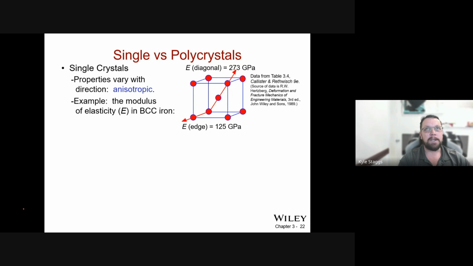But along the edge, going in a different direction, this would be almost trying to shear planes of atoms off of each other. It's about half that, 125 gigapascals. So it's a little less than half, but in that range.